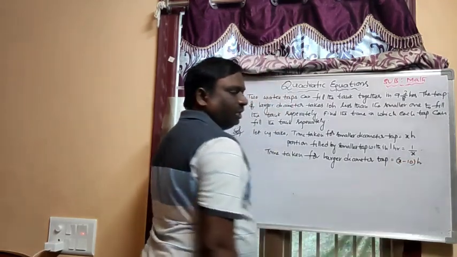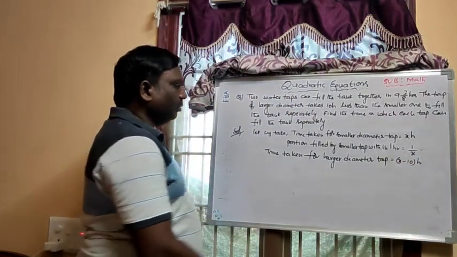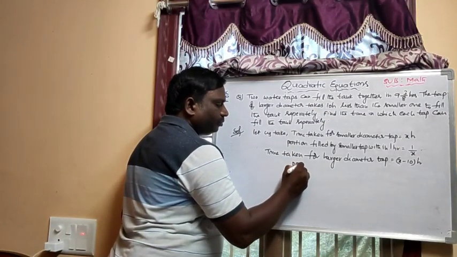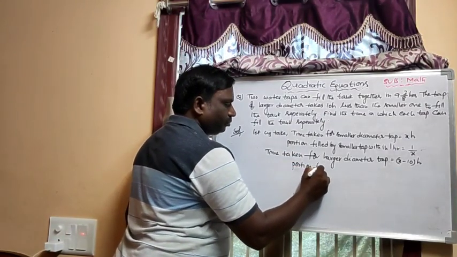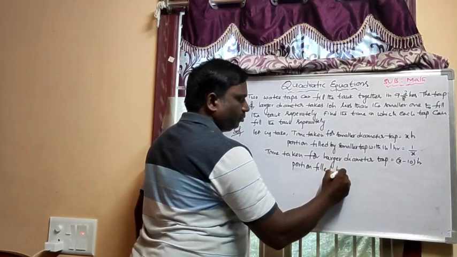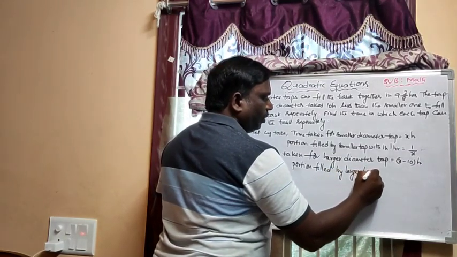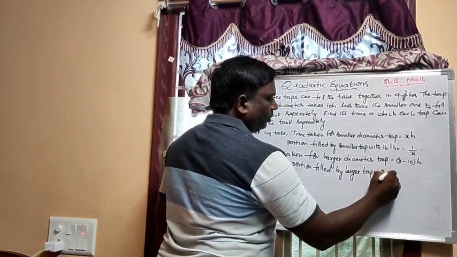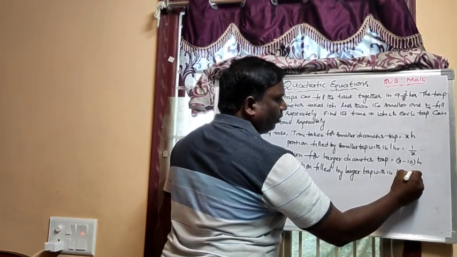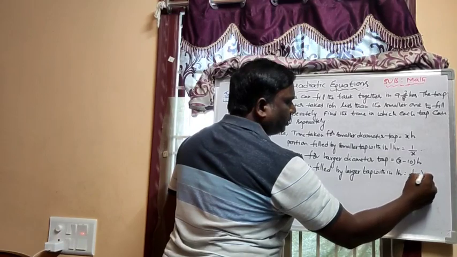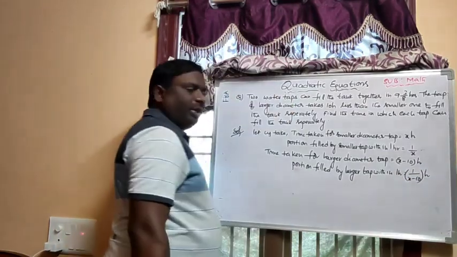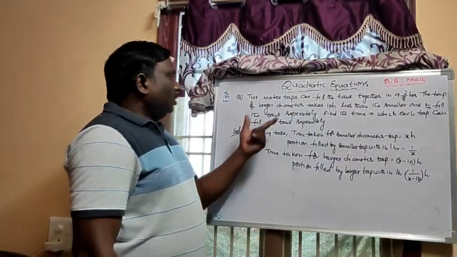Similarly, the portion filled by the larger tap within 1 hour is 1 by X minus 10.